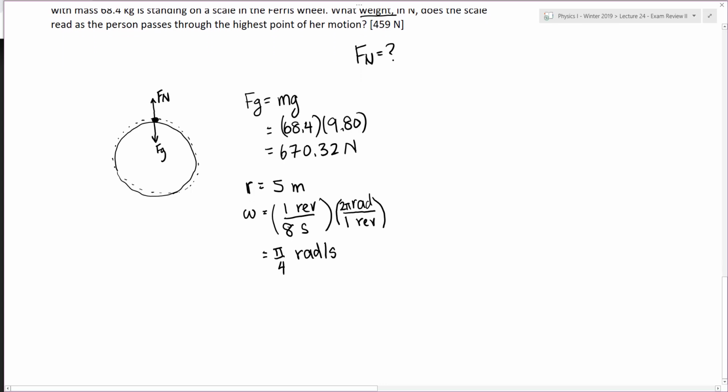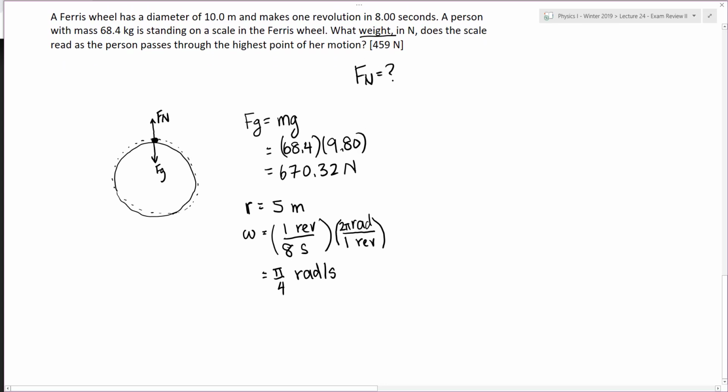Now we know omega and r, and we're looking for our normal force. So if we were to draw a free body diagram, well, we drew the free body diagram here, we could say, okay, the positive direction here, we're talking about the radial direction, which points towards the center of the circle, is pointing downwards.